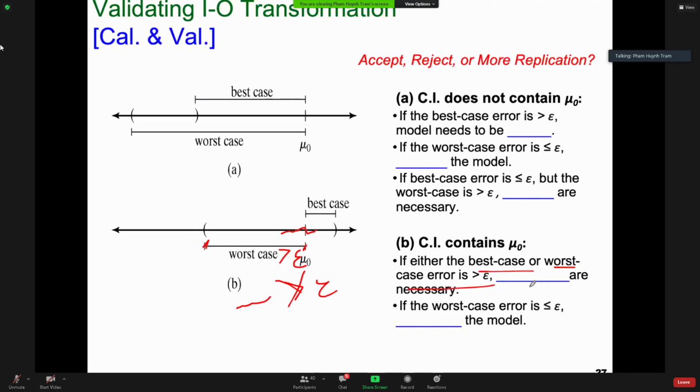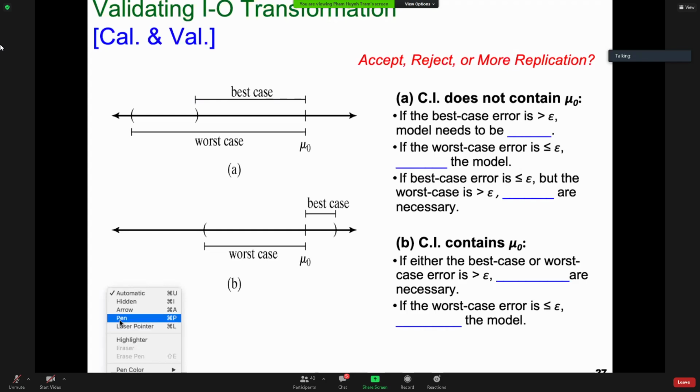Okay, the last one, if the worst case error is smaller than epsilon, what is our conclusion?